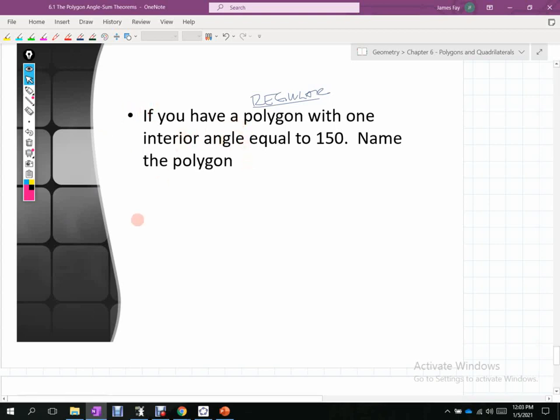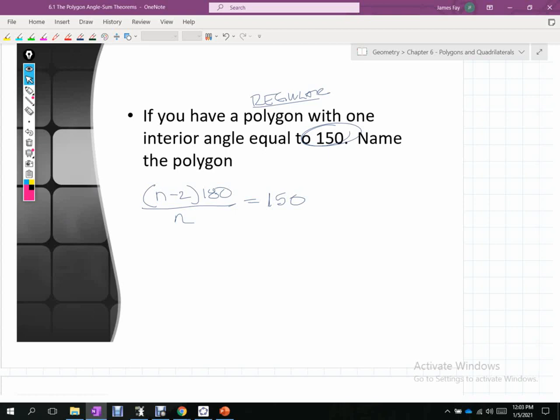Because we have a formula for that. One interior angle of a regular polygon is always found by taking that formula. So this 150 is found by taking that there. N minus 2 times 180 over n should equal 150.